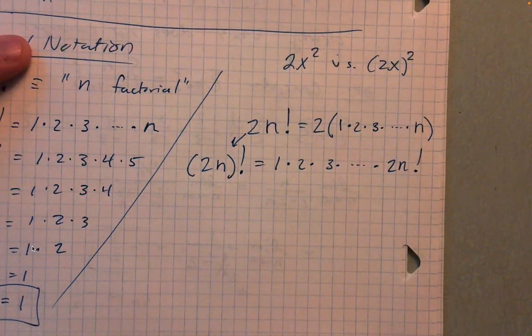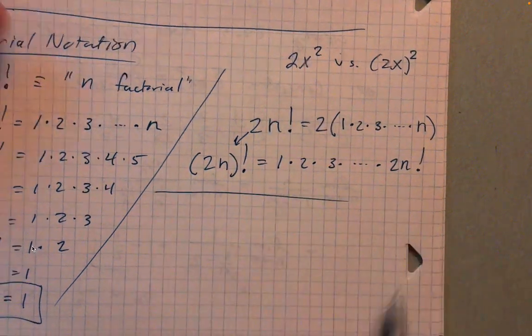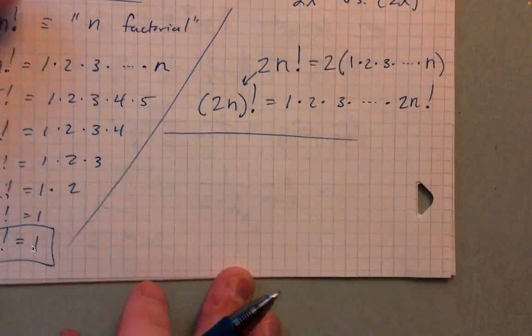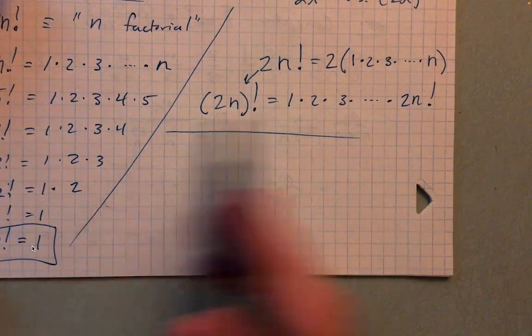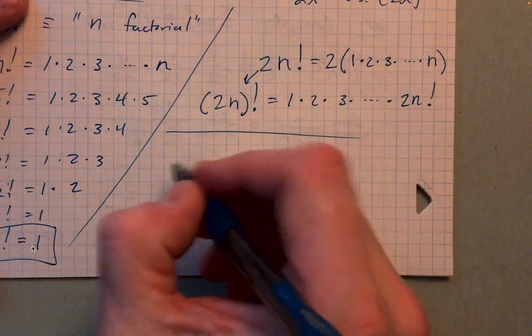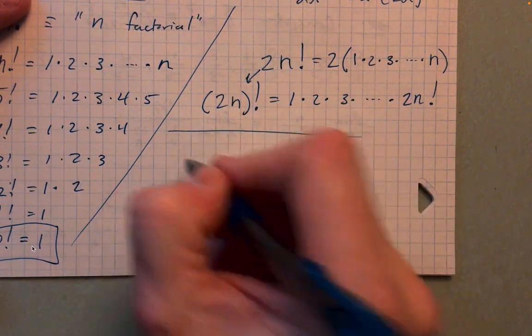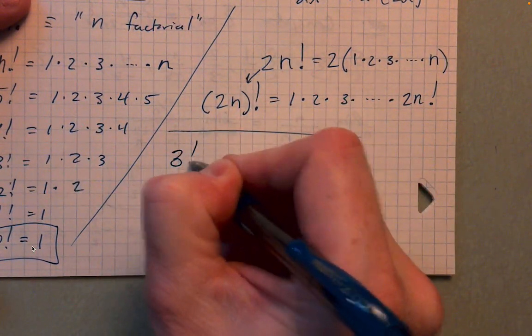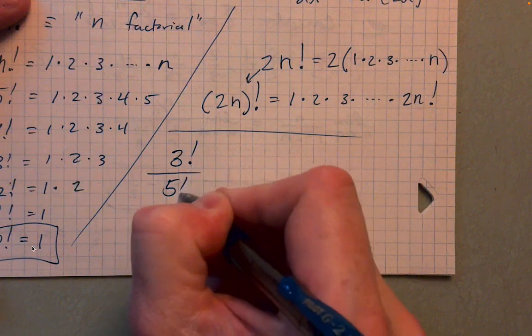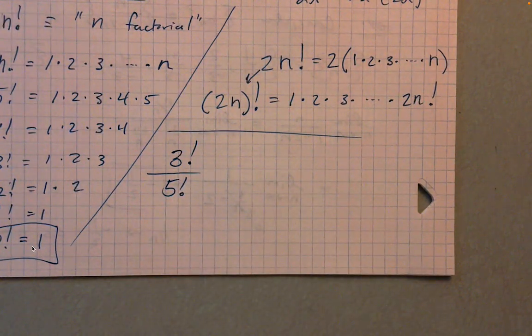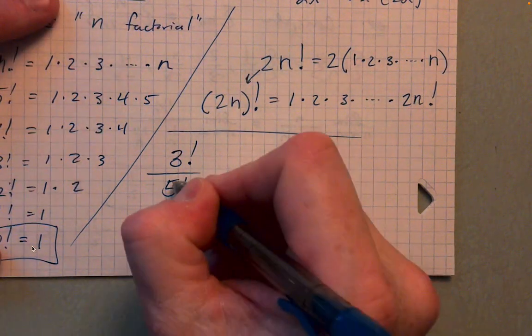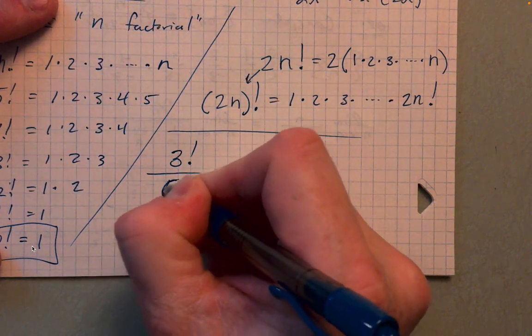Okay. And some of the other stuff that we'll see with factorials, and this is just an aside, but ratios of factorials you have to be a little bit careful of, right? So for example, if I have 3 factorial over 5 factorial, what is that? Well, let's say 3 factorial over 6 factorial.